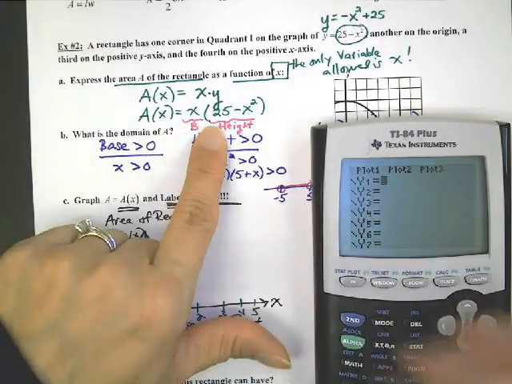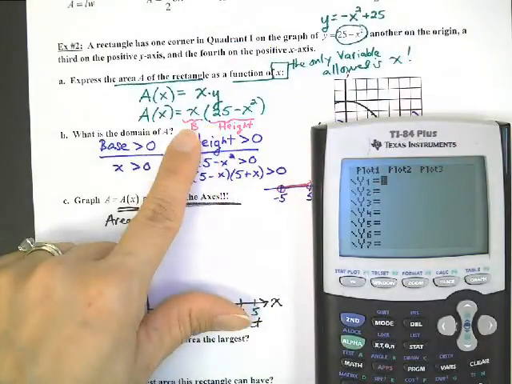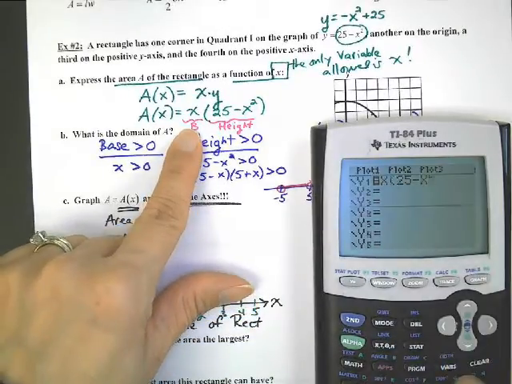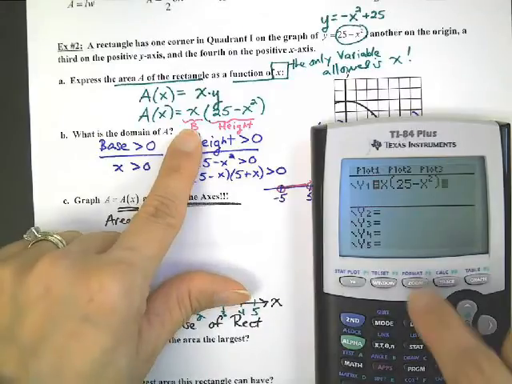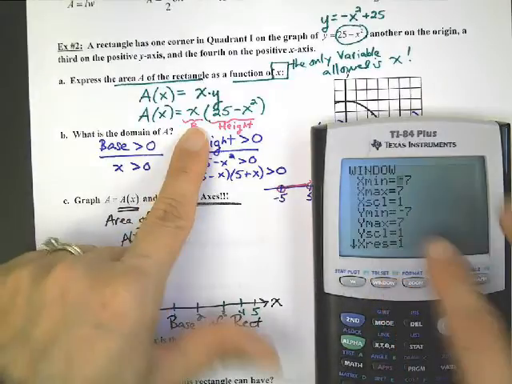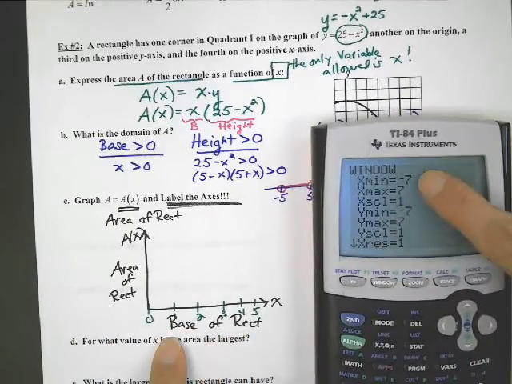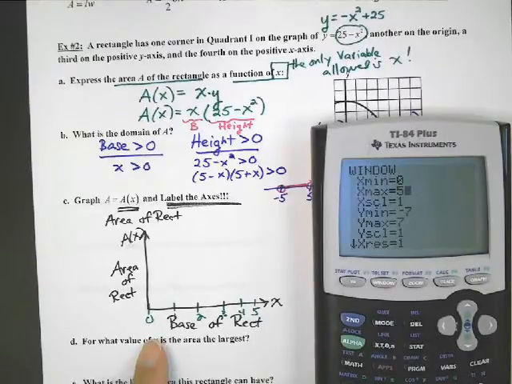And I'm just going to leave it like that. I'm not going to distribute and mess it up, because what if I make a mistake? So it's x, and then it's 25 minus x squared. Okay, and I'm going to go directly to the window. I don't need to see negative x's, because it doesn't make sense to have a negative base. I already know what the x window needs to be. It needs to be between 0 and 5.